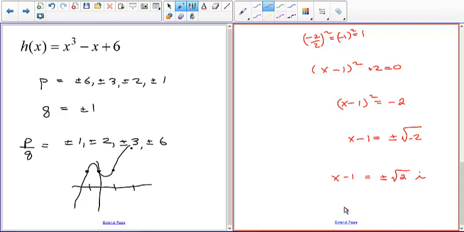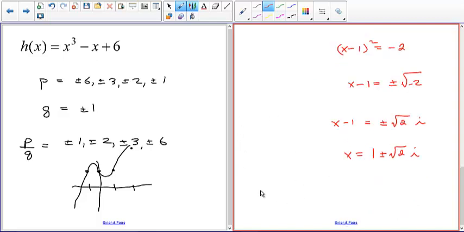And then we add 1 to both sides, so we get x is equal to 1 plus or minus the square root of 2 i. So now we have all 3 zeros. Here are the zeros. So it's x equals negative 2, x equals 1 plus the square root of 2 i, and the third one is x equals 1 minus the square root of 2 i.